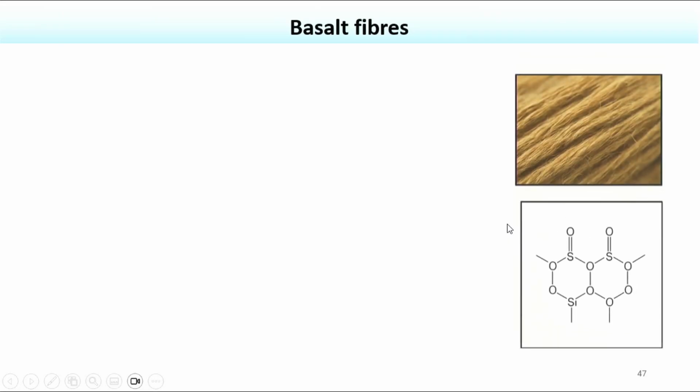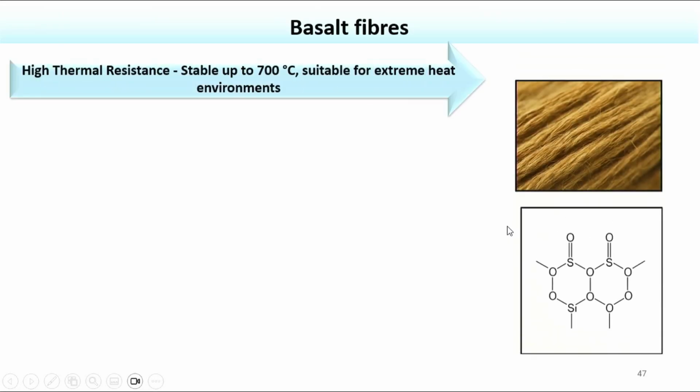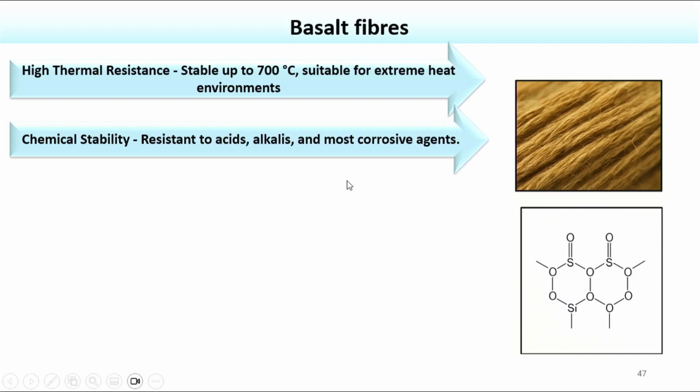Basalt fiber, it is basically from natural resources. So, high thermal resistance, stable up to 700 degree Celsius, suitable for extreme heat environment. So, it is chemically inert, actually resistant to acid, alkali and most corrosive agents.